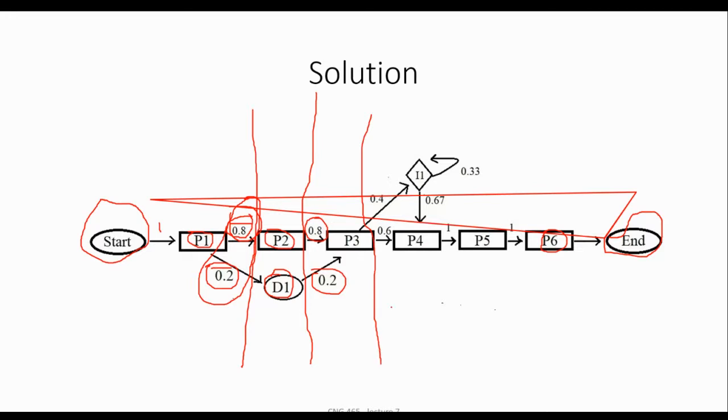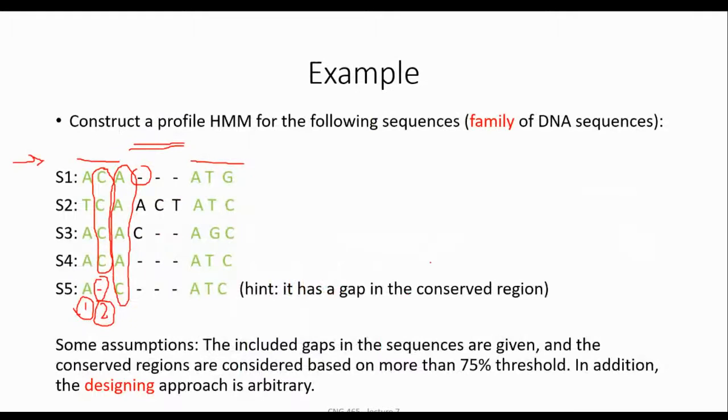We want to move on to the fourth one. So from the third position to the fourth one, we are getting out of the conserved region. But the thing is that ACA-ATC, this one from the beginning, didn't have any gaps.